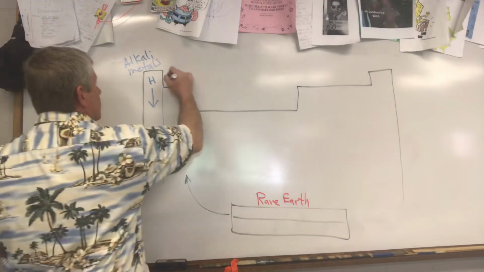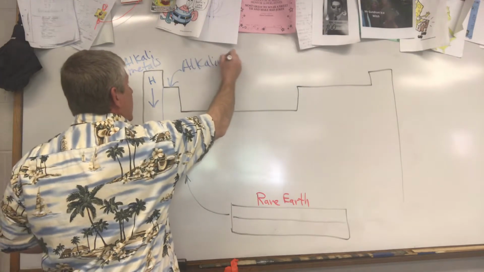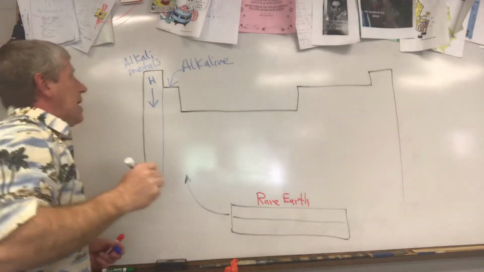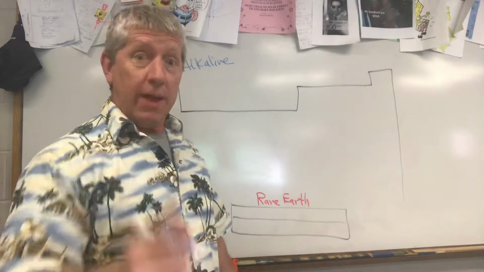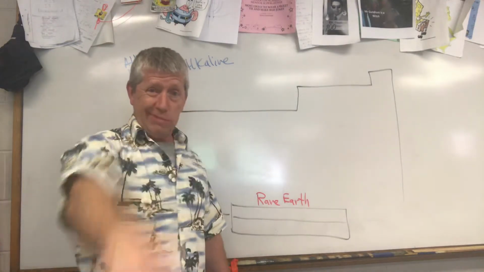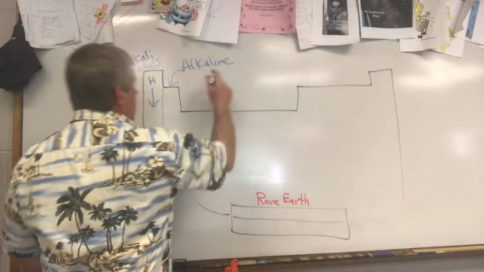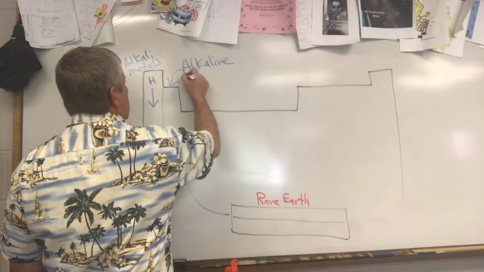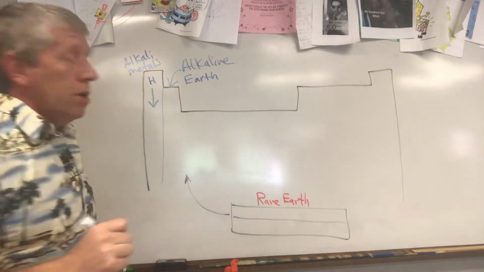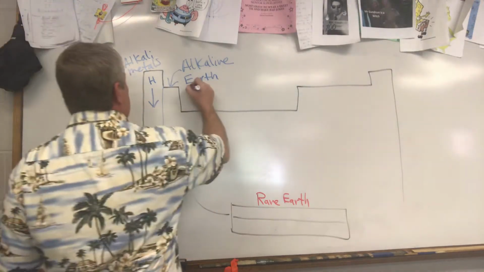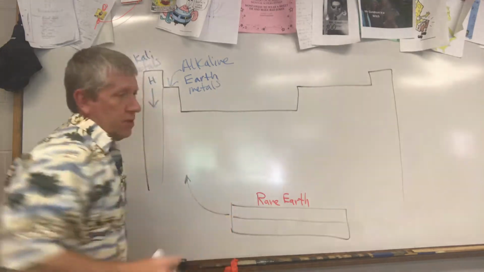Second group, we have the alkaline. Alkaline. For any of you old timers out there, you will remember a baseball player by the name of Alkaline. Some of you might know what I mean, but probably not. Okay, alkaline earth metals. I've got calcium and magnesium called earth metals.